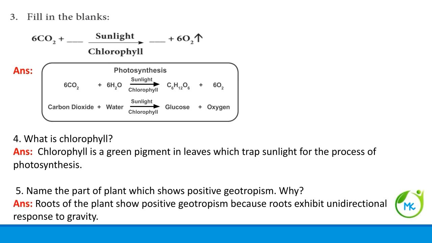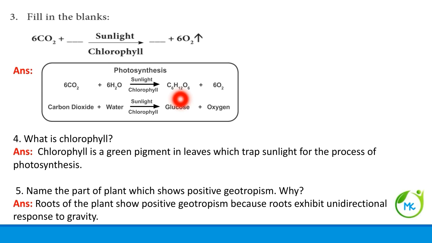Next, third question, fill in the blanks. 6 CO2 plus dash, in the presence of sunlight and chlorophyll, gives out dash plus 6 O2. You know the raw materials are carbon dioxide plus water. So 6 CO2 plus what do you fill in the dash? 6 H2O, in the presence of sunlight and chlorophyll. What is produced? Food. What is the food here?